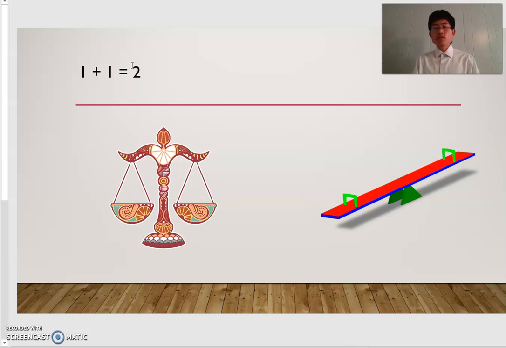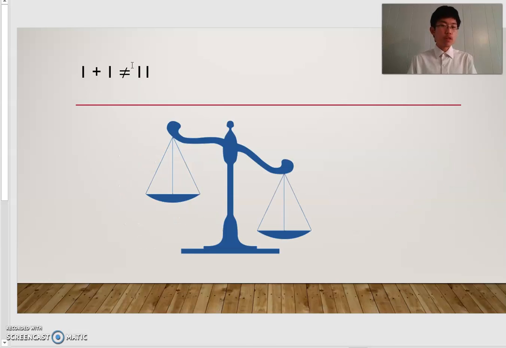So 1 plus 1 equals 2, but if it wasn't equal, like 1 plus 1 and 11, here's what happens. Just like I said before, one is going to be above and one is going to be lower. Okay. So the big thing about the equal sign is that the left and the right have the same amount. Okay.